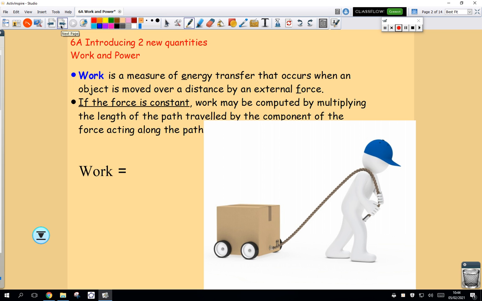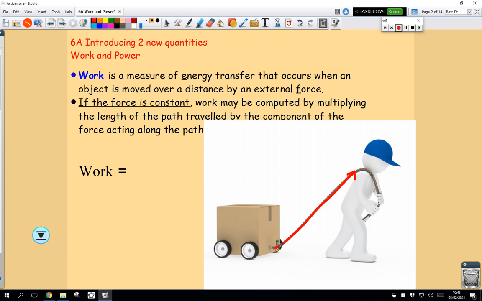Suppose we have this situation where we have some box being pulled along here by a person, and you can see that the tension in the rope here is acting not quite horizontally. The tension in the rope is acting up along this direction. So there's my tension in my rope, and you can see if enough force is applied, this box will slide horizontally across the floor. It's not going to fly up to the person's shoulder as the person walks along from left to right.